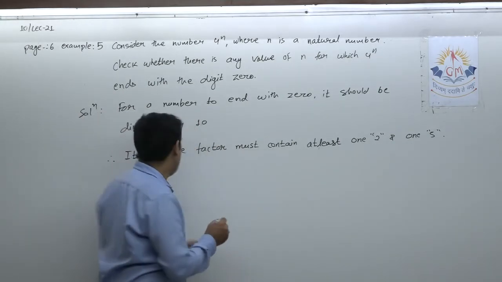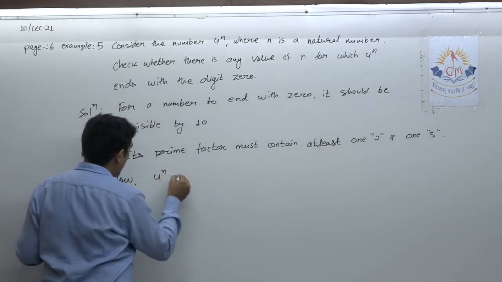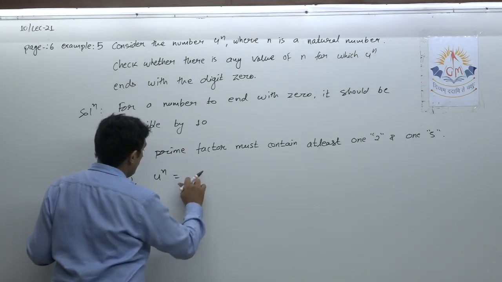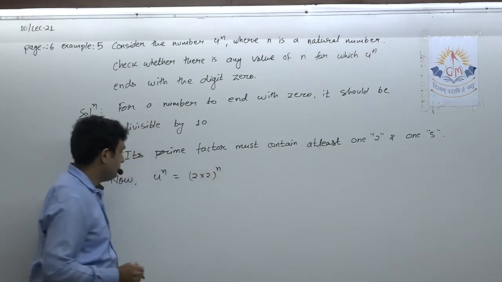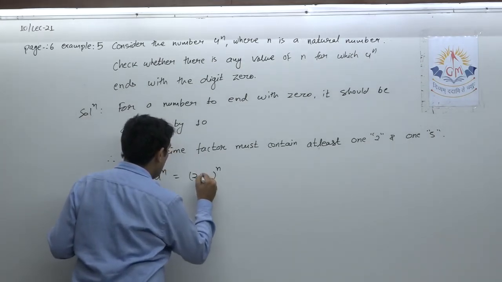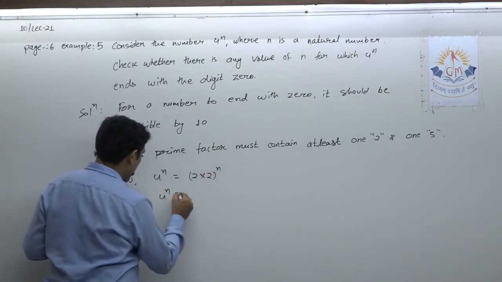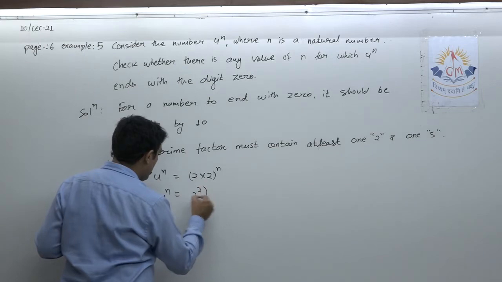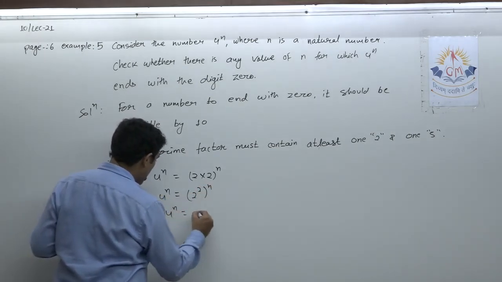Then and only then it is possible that it will end with 0. Now 4 raised to n is equal to 2 squared raised to n. Therefore 4 raised to n is equal to 2 raised to 2n.